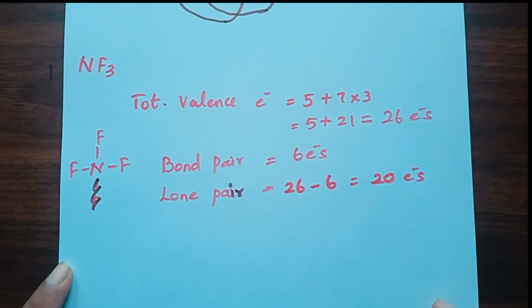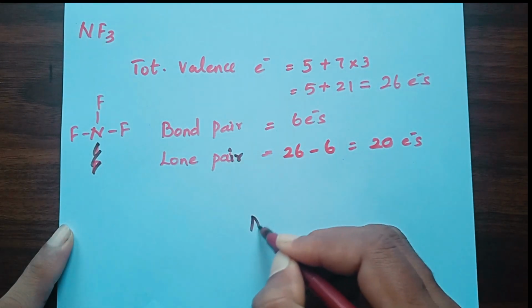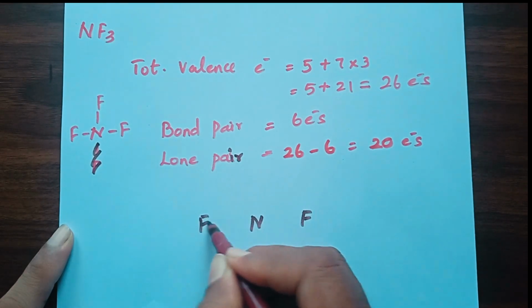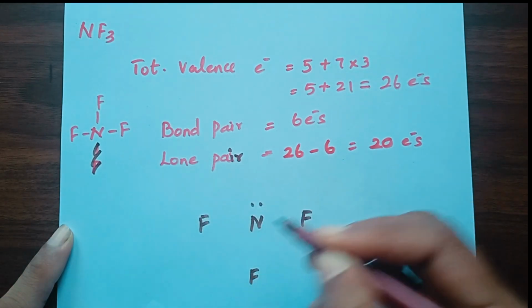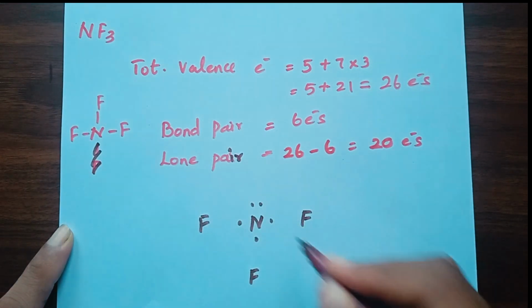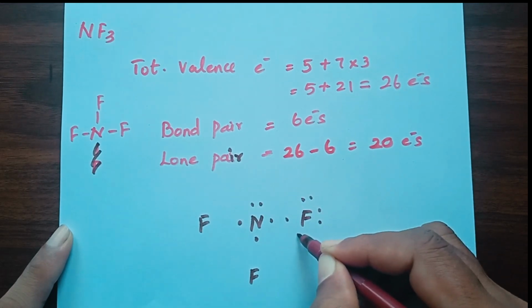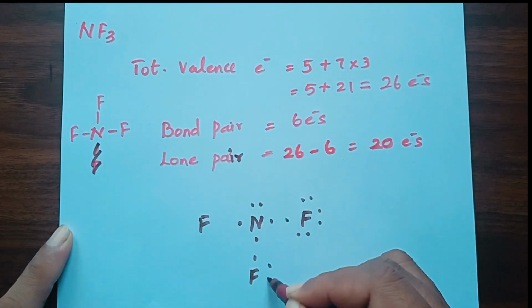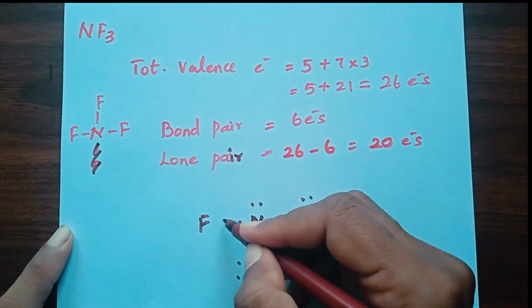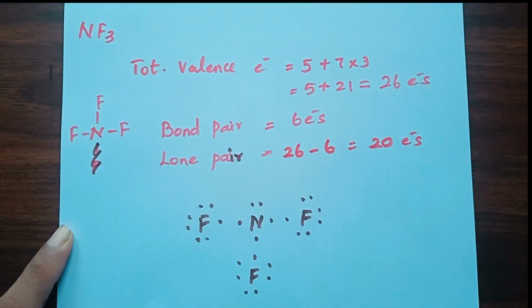Now we go for the structure of NF3. First we draw nitrogen, then fluorine. For nitrogen: 1, 2, 3, 4 and 5, and for each fluorine: 1, 2, 3, 4, 5, 6 and 7.